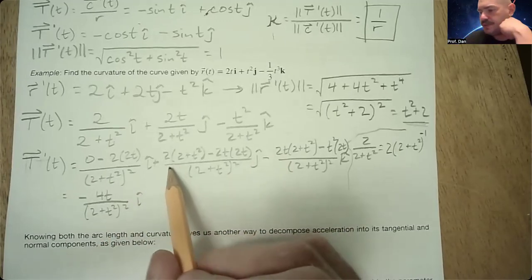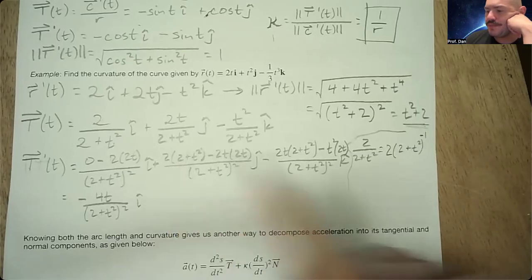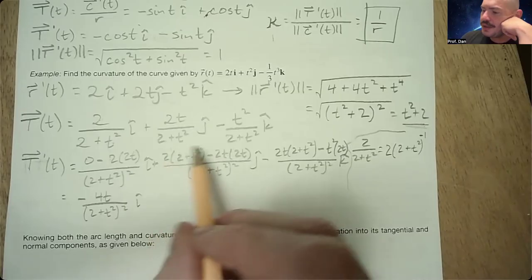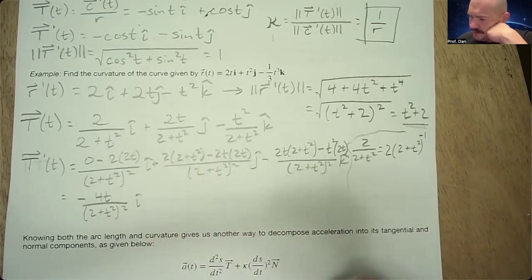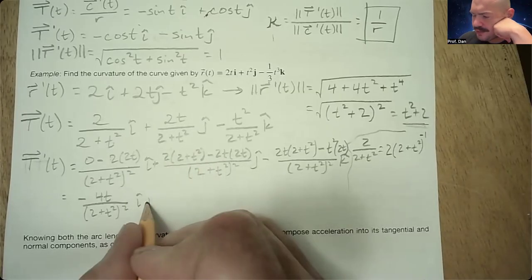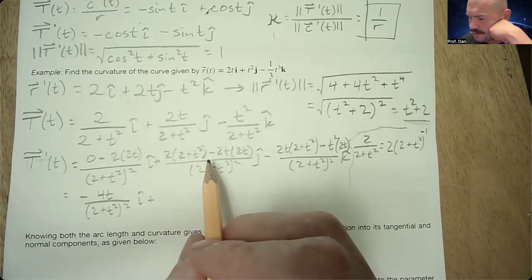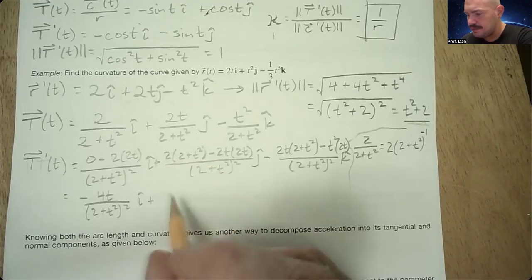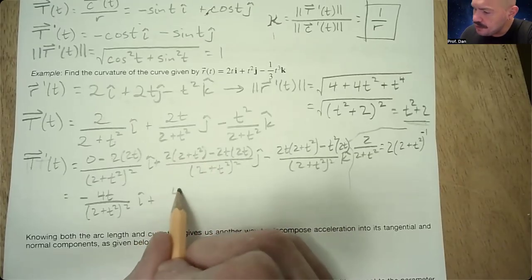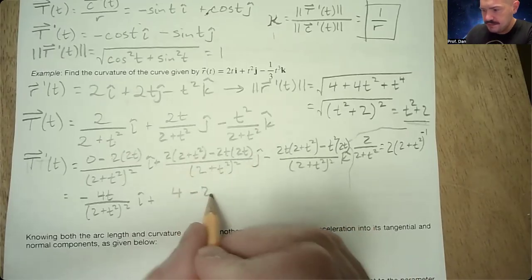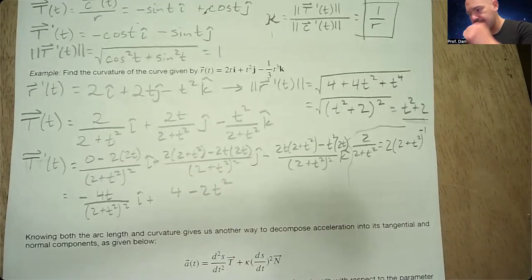Now if I distribute, I'm going to end up getting 4, right? So that's 4 minus 4t squared. So we get 4 plus 2t squared minus 4t squared.